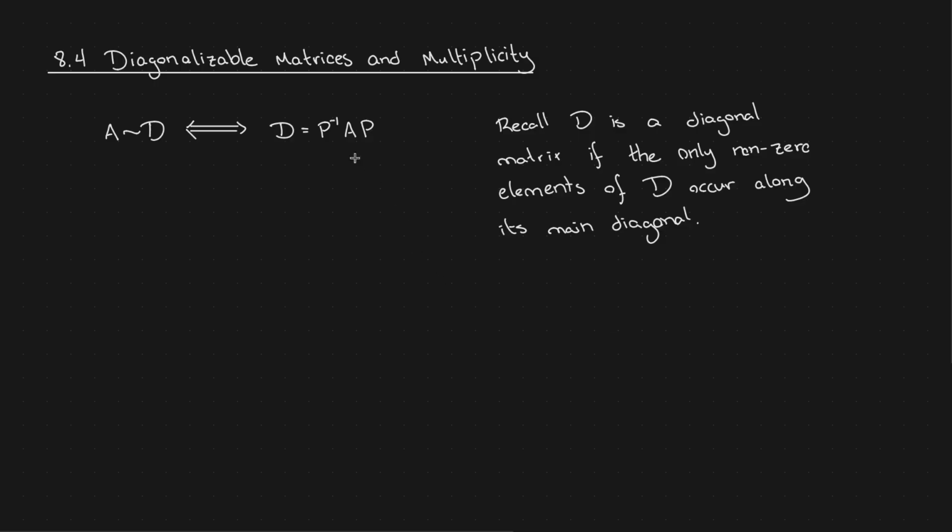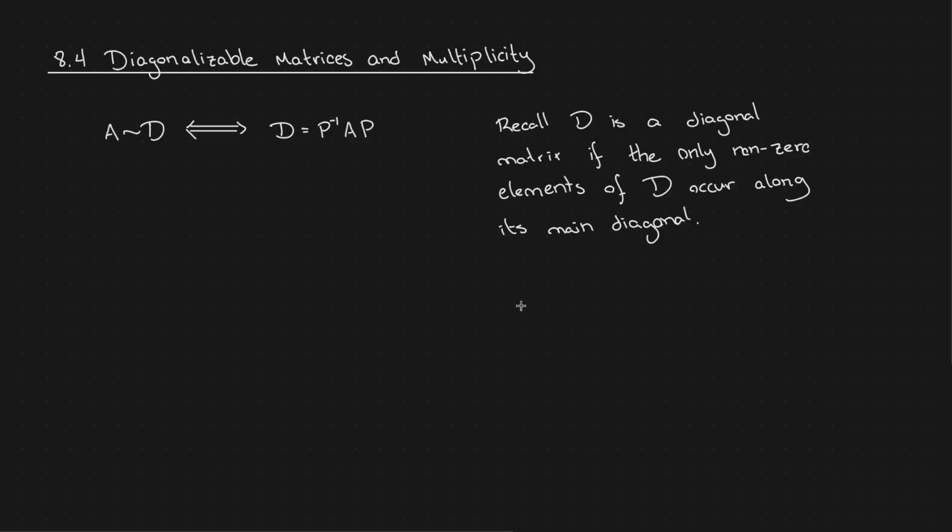Okay, so if we can take some arbitrary matrix A and then show it is similar to some diagonal matrix D, and we could work with matrix D instead, boy, that'd be a lot easier than working with matrix A directly. Okay, so let's explore this idea. Is this even possible?